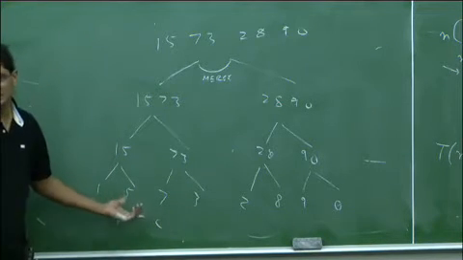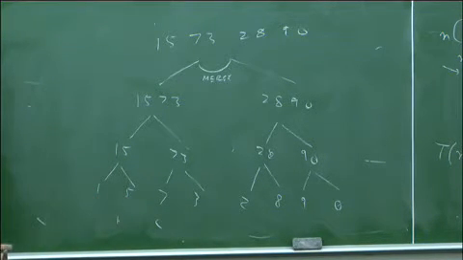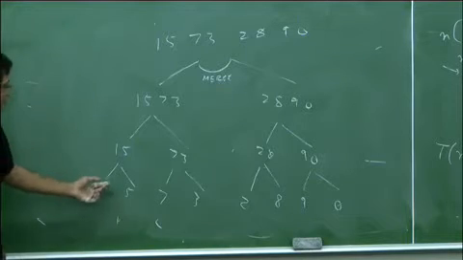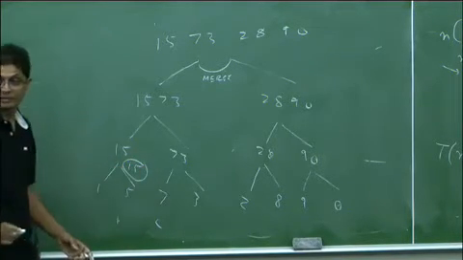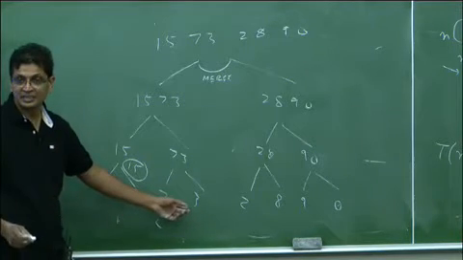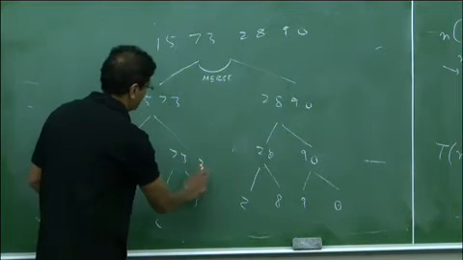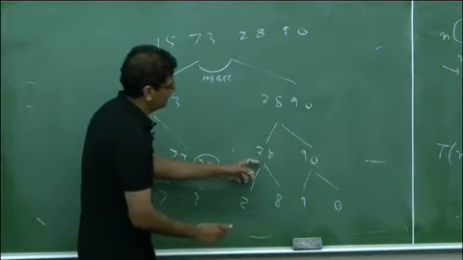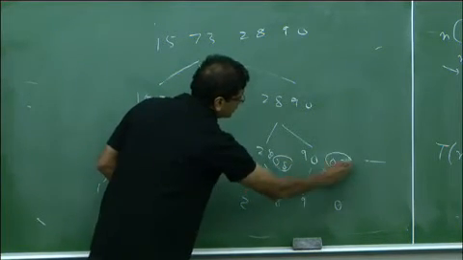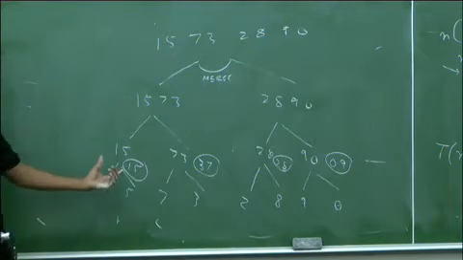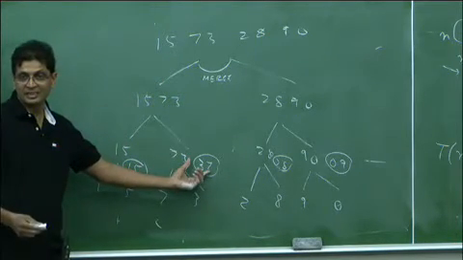Now, obviously a sequence of size 1 is already sorted. So, when I merge 1 and 5, the result is 1, 5; 7 and 3 give 3, 7; 2 and 8 give 2, 8; 9 and 0 give 0, 9. Now I will merge 1, 5 and 3, 7.